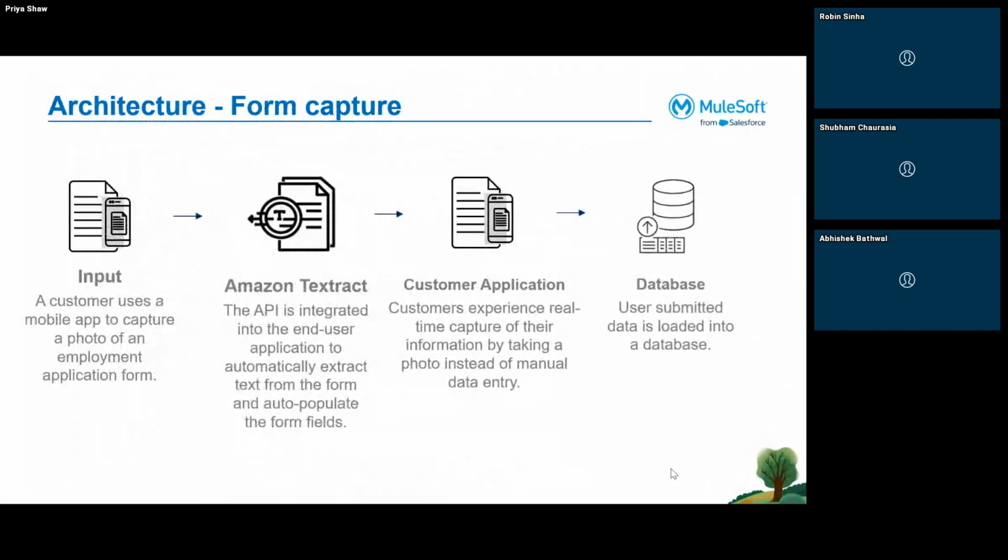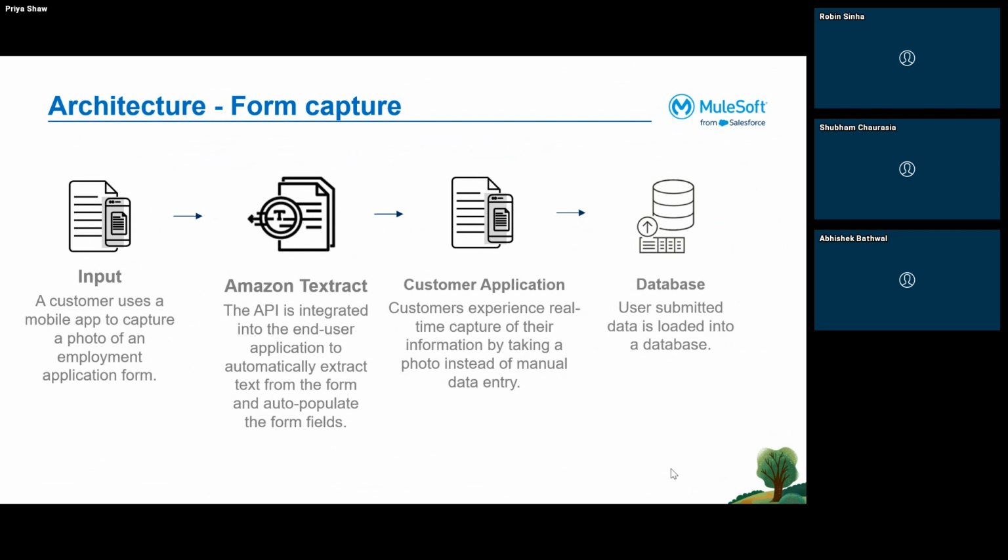Yeah. So you can see we can use Amazon Textract, let's say, this is an example of a form capturing application architecture. If we are designing an application where we want to capture the details from a form, you can design this kind of architecture. There will be an input, so how will we capture the data? We will use a mobile app to capture the photo of the application form which has all the details. Now the mobile app calls the Amazon Textract API and passes the image.